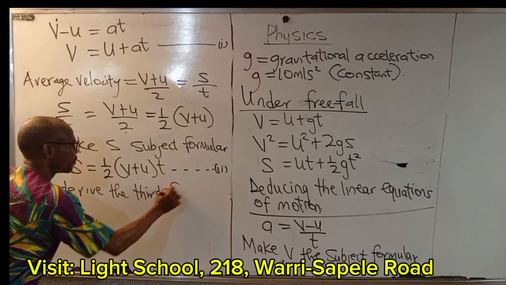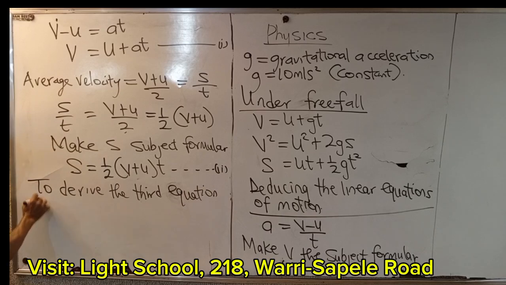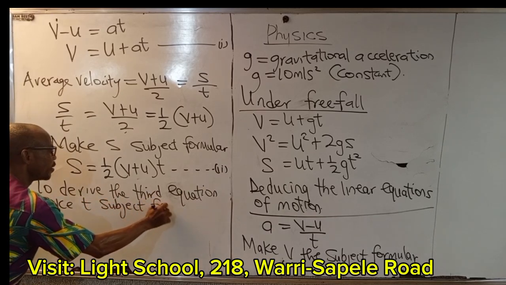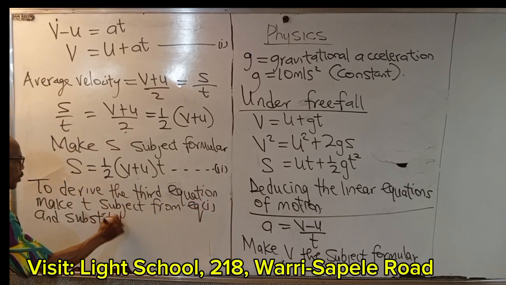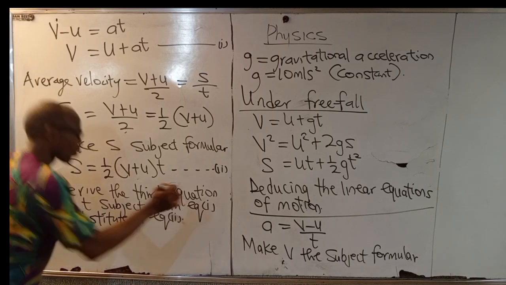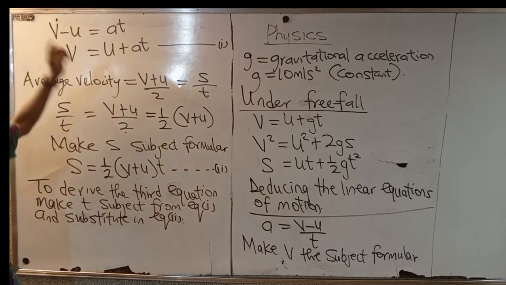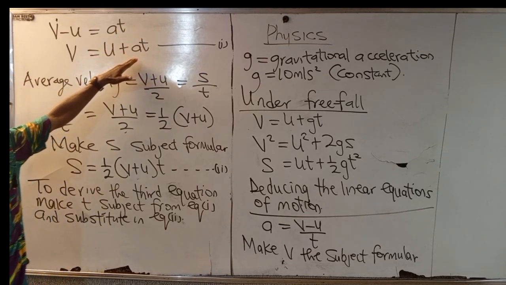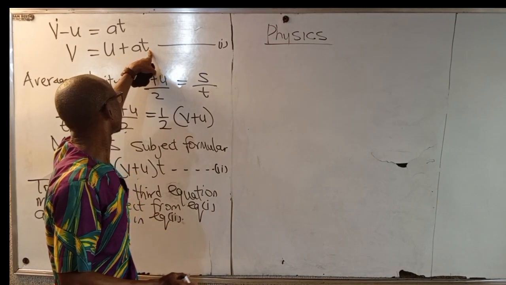To derive our third equation, we make t the subject from our equation 1 and substitute in equation 2. That is basically what we are going to do: make t the subject of the formula from equation 1, then substitute it into equation 2.